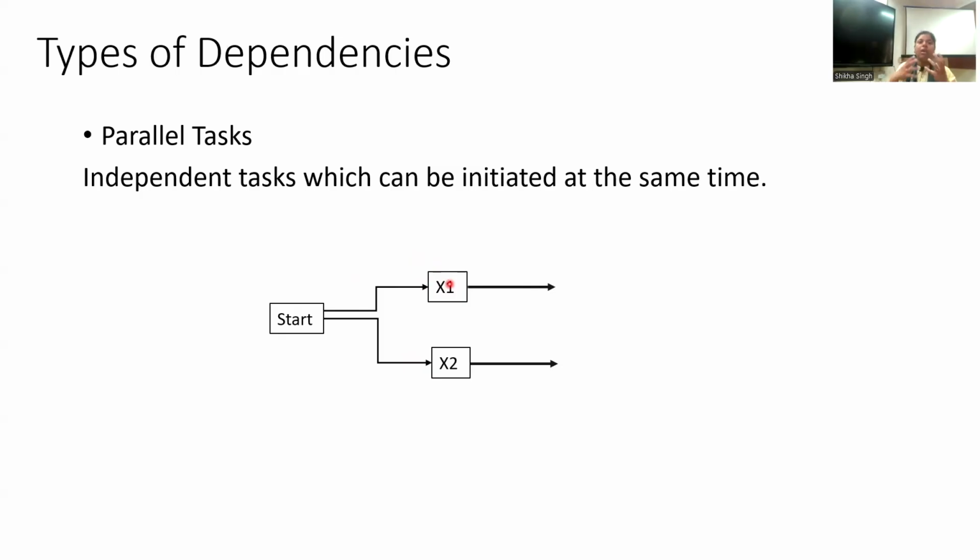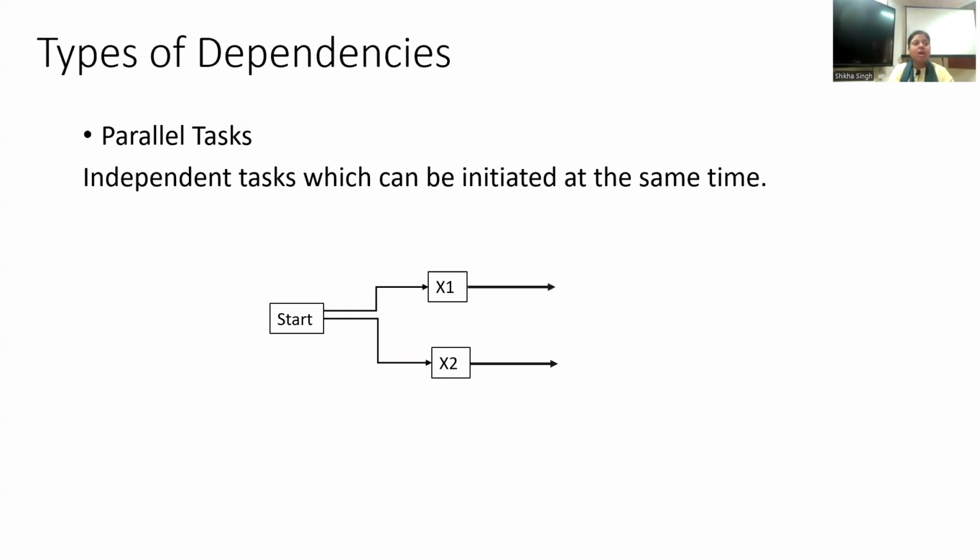After completing that particular subsystem, the output of that particular system will be behaving as an input to another system, right? So this is how x1 and x2 are called the parallel task, independent task, but they play a role in providing information. So they play the role in the information flows, right?